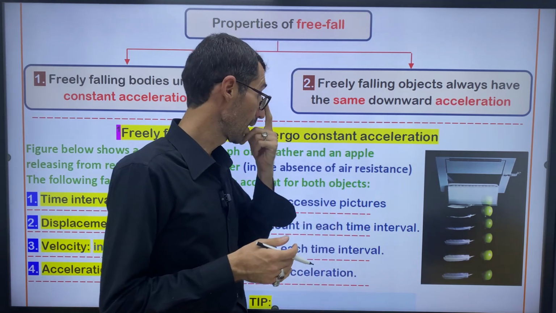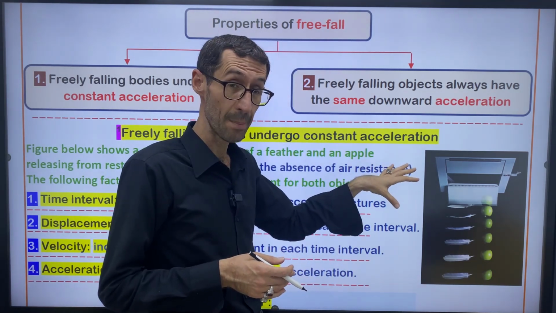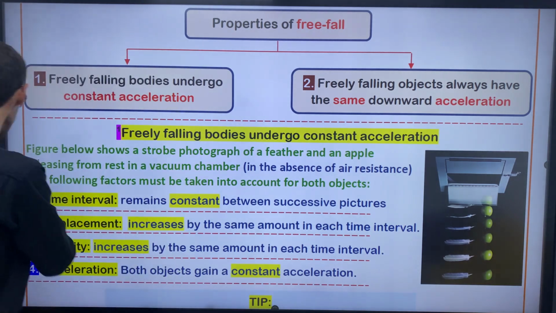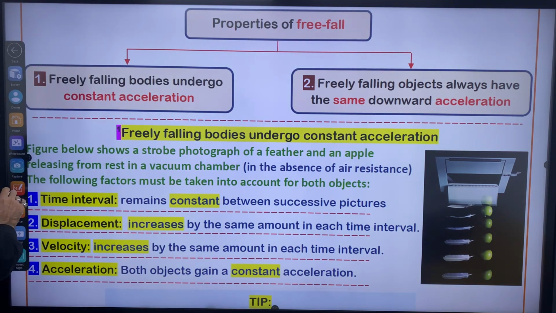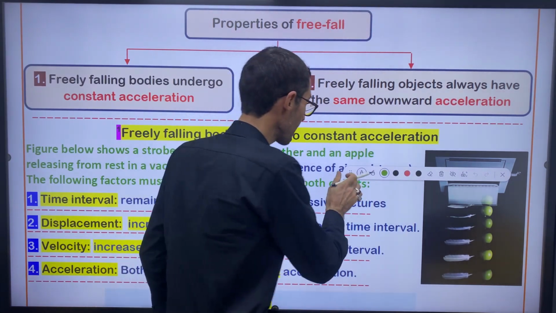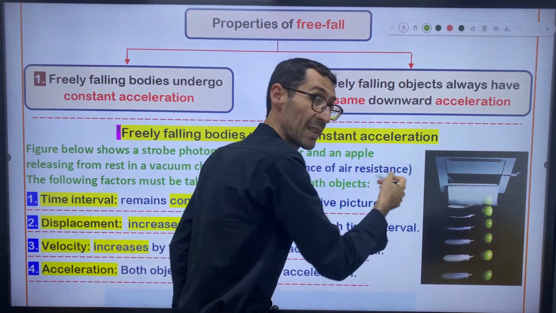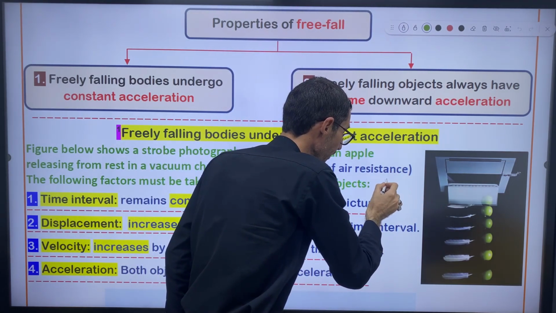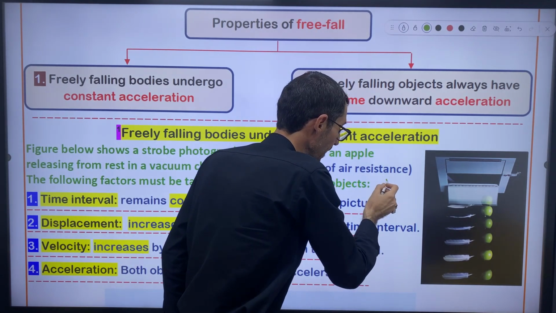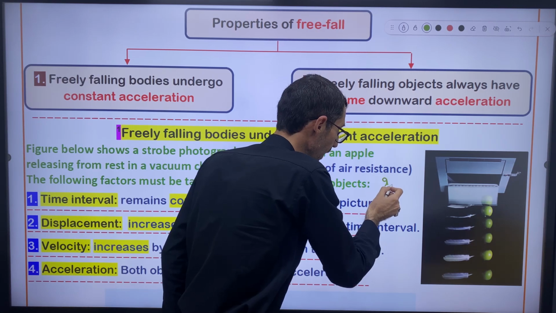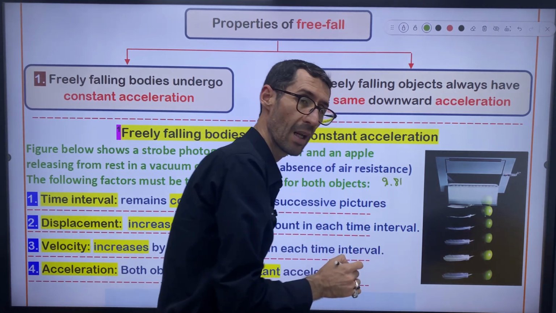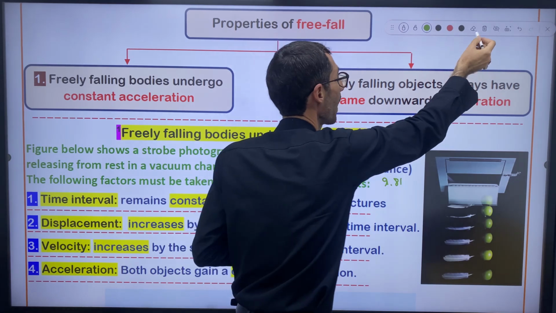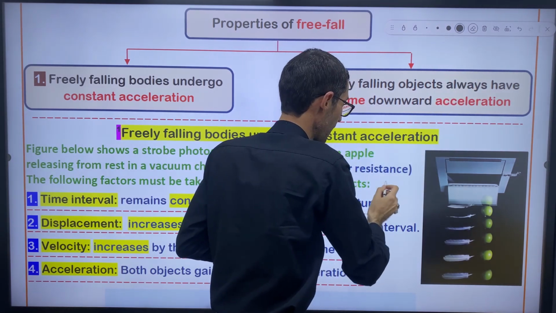Let me give you an example numerically. Let me change the number.